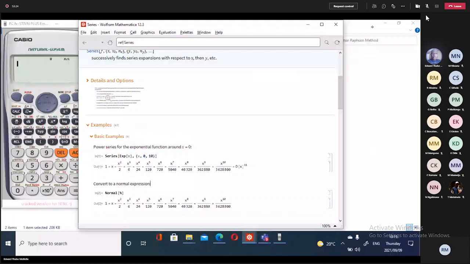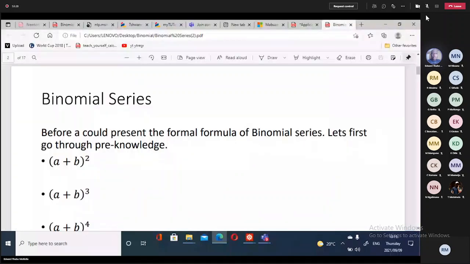So here we are going to expand a given function using a binomial theorem. Sometimes you might find that it's very complicated to solve certain problems directly, especially when you want to integrate. So you can use the Maclaurin series or binomial series to find an approximate solution of that problem.